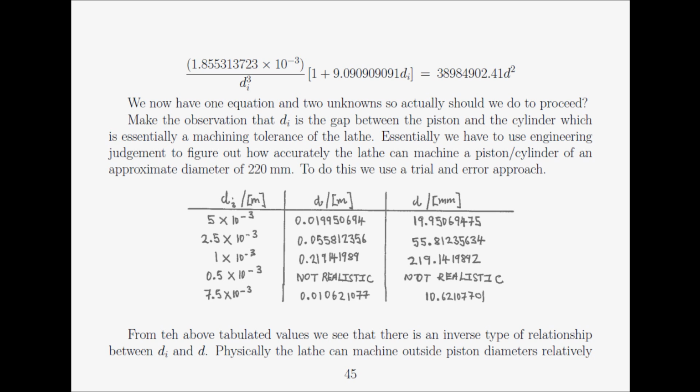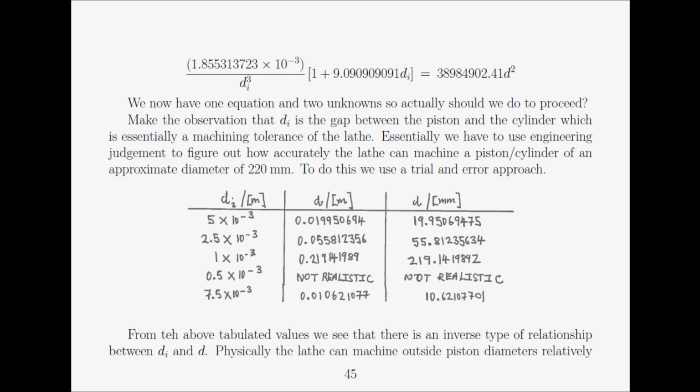The oil has some viscous property, it has viscosity, and the combination of the geometrical tolerance and the viscosity of the oil is essentially used to build up a damper. To physically manufacture the damper, we have to turn a piston on a lathe. So we have a material, we turn the outer diameter, we have a boring machine or maybe a lathe with a boring tool to drill a hole, in inverted commas. It's actually a boring machine.